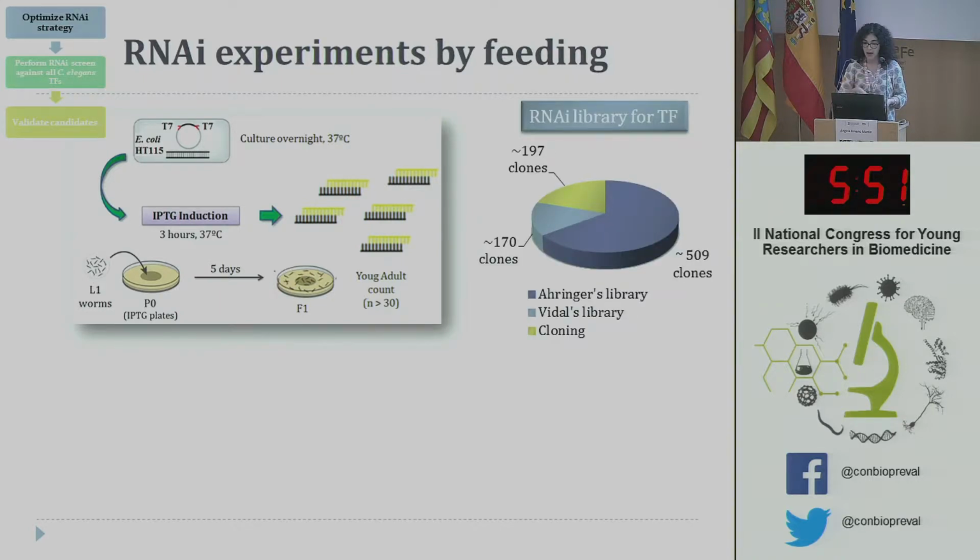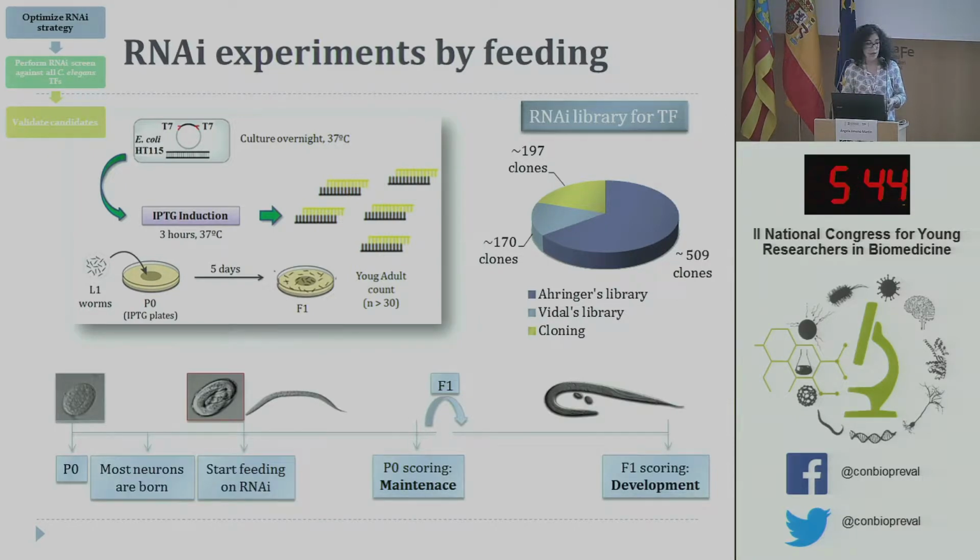We have a library against all the transcription factors in C. elegans, and the time course of our experiments is that the first generation that hatches and starts feeding on these bacteria would be our P0 generation, which when we do the experiments gives us information about the importance of this given transcription factor in the maintenance of the phenotype of these neurons.